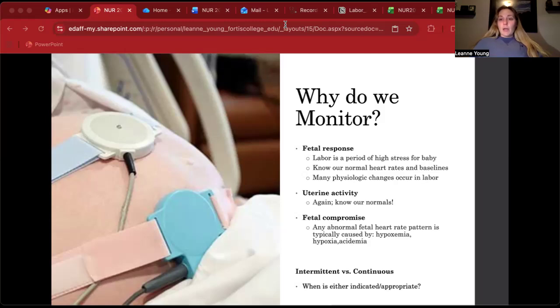And to be honest with you, it's rare to intermittently monitor anymore. Most women are getting continuous monitoring. So, as the nurse, we need to be able to communicate with our provider to see if intermittent monitoring is appropriate. If a woman comes in and is refusing monitoring, we need to have her sign basically an AMA form saying that the hospital will not be liable if she's refusing this monitoring and what could happen as a result. Okay.